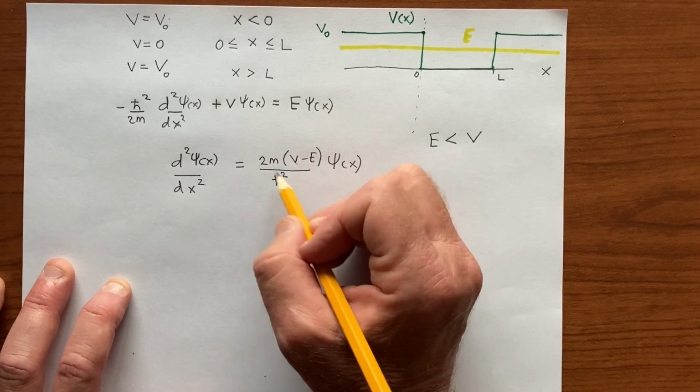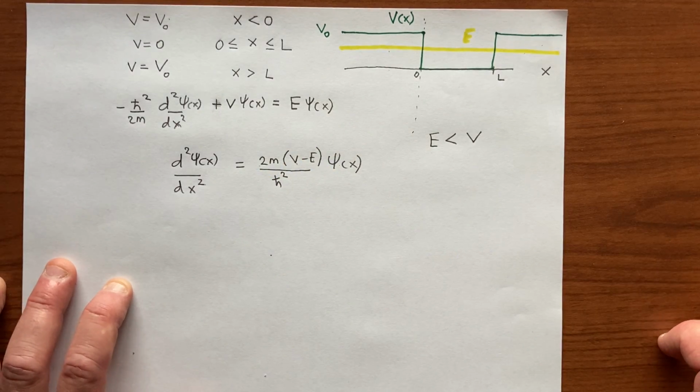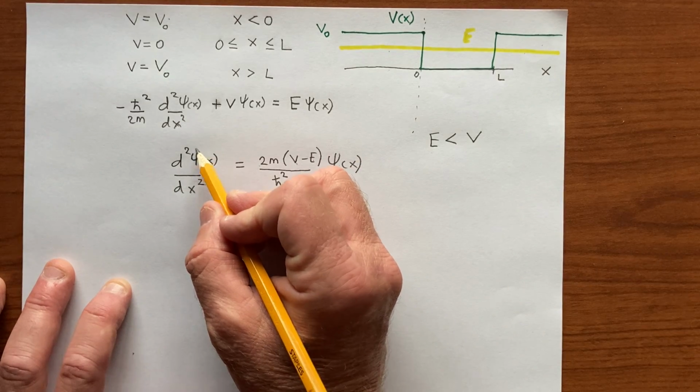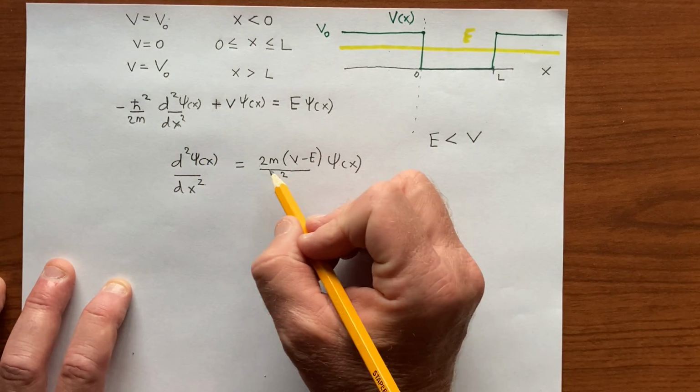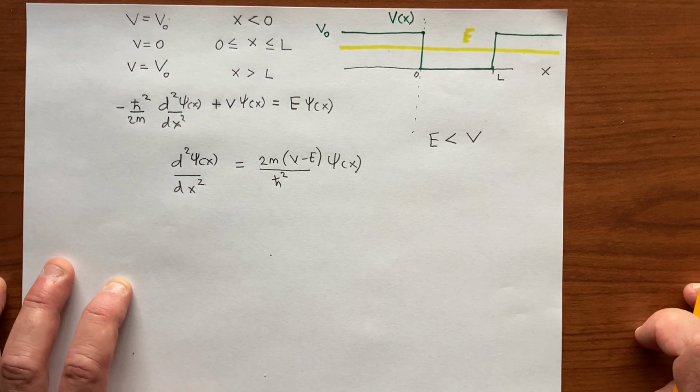The coefficient is different, but the important thing is that it's a positive number. And so two derivatives of psi with respect to x proportional to psi of x, the solution there is exponential decay.